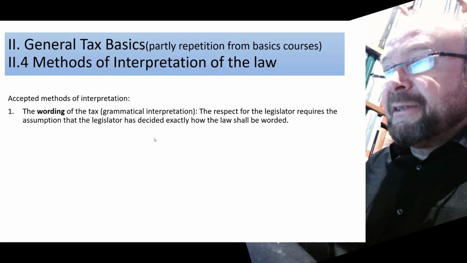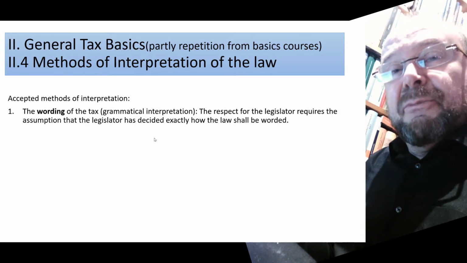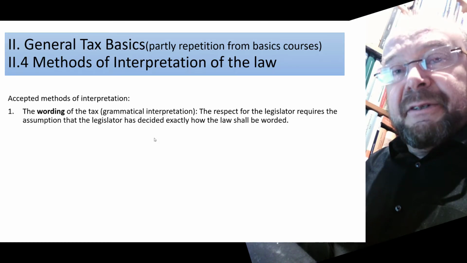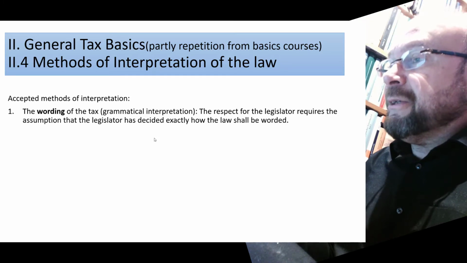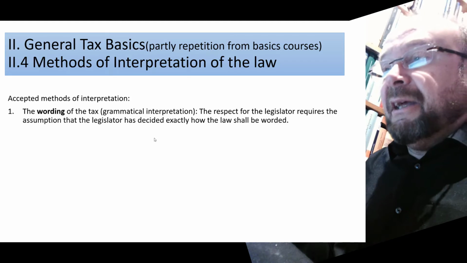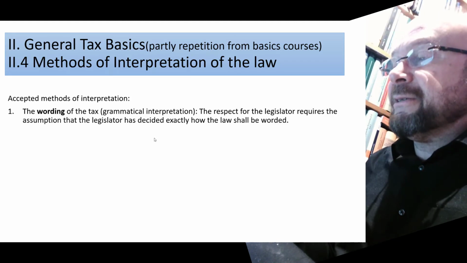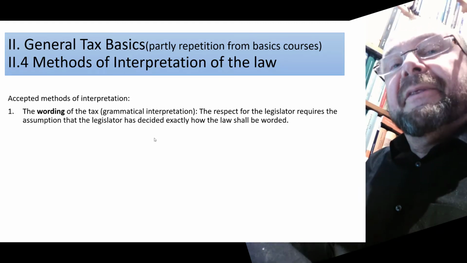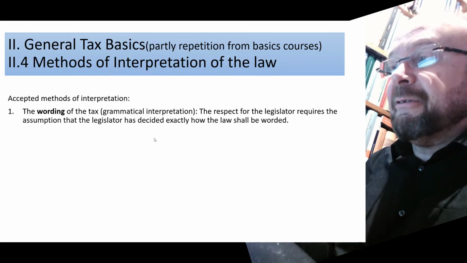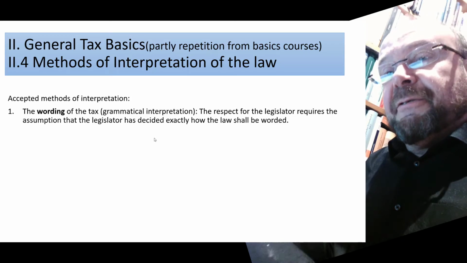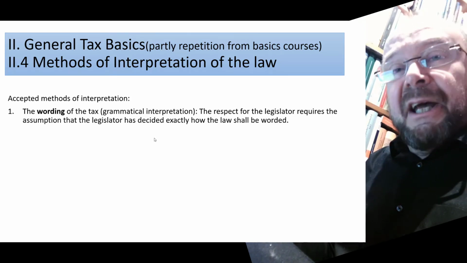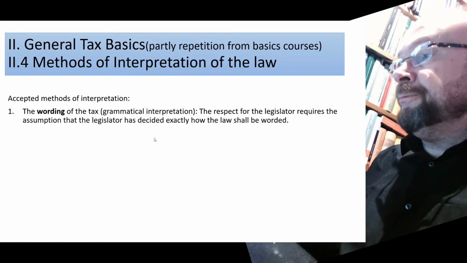So residences can evidently be more than one, and one of them is evidently sufficient to trigger unlimited tax liability, because if it had been meant that the main or the only residence triggers unlimited tax liability, then one would have chosen the definite article and not the indefinite one. So such fine differences in the wording are assumed to have a real meaning.